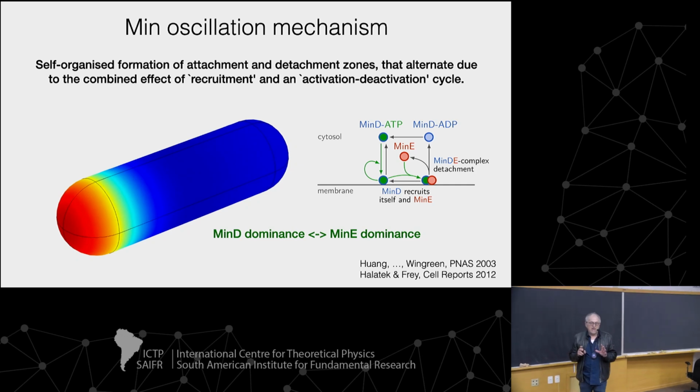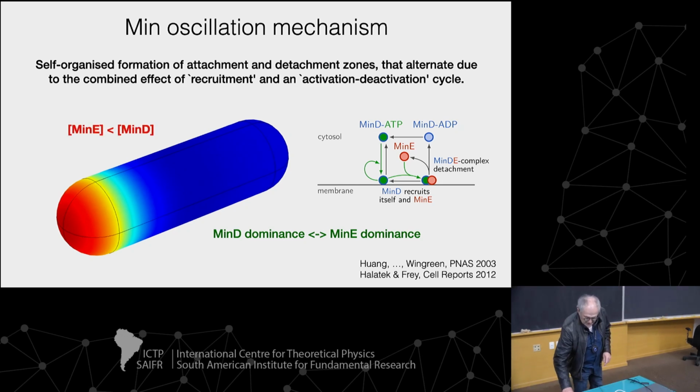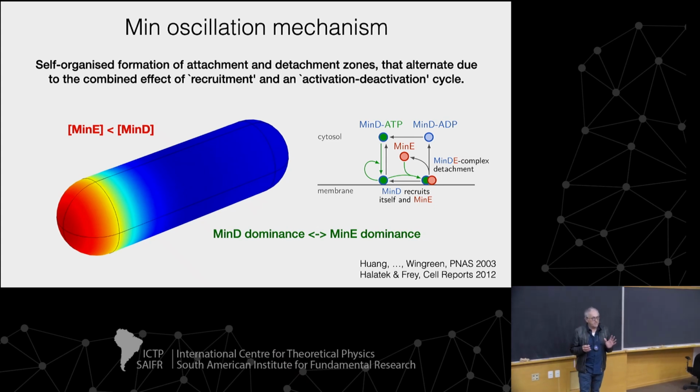Now, imagine you have much, much more MinD proteins than MinE proteins. Then you can form these patterns because you can have this dominance of the MinD proteins, and after that, the MinE can kick it off.